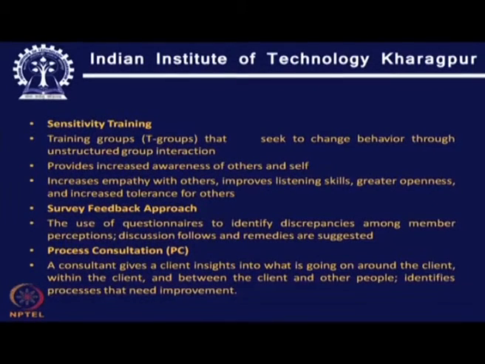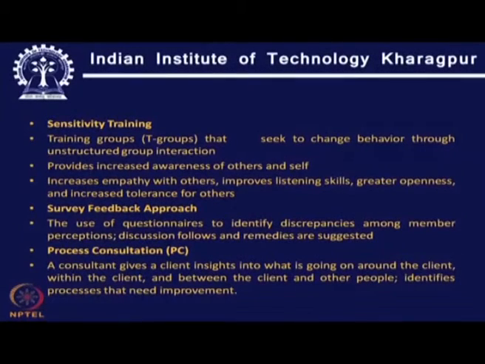In sensitivity training, sometimes called T group or training groups, it seeks to change the behavior of individuals through unstructured group interactions. So, people meet together and start discussing certain things, and through these unstructured group interactions, people's own self comes out and they become more aware of self and others.